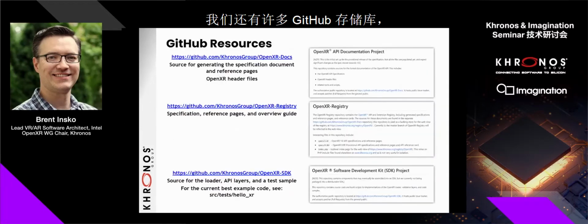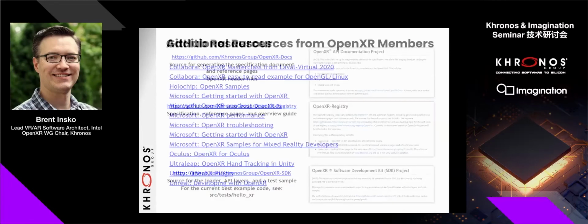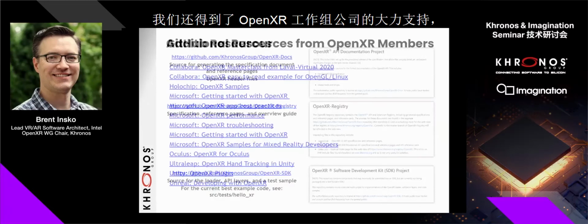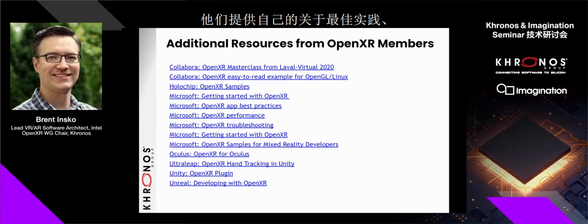We also have a number of GitHub repositories where we keep the latest developments with the specification, including documentation, header files, conformance test suite, and sample code. We also have great support from the OpenXR working group companies who are providing their own information about best practices, common issues, and samples for developers to get started.